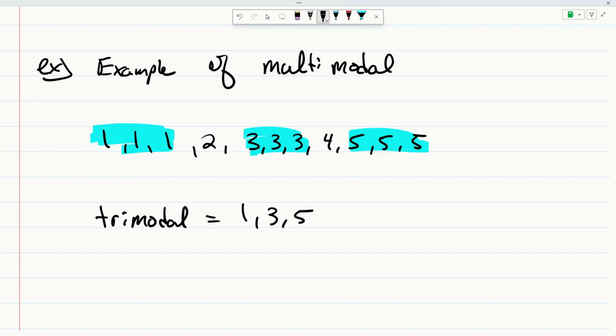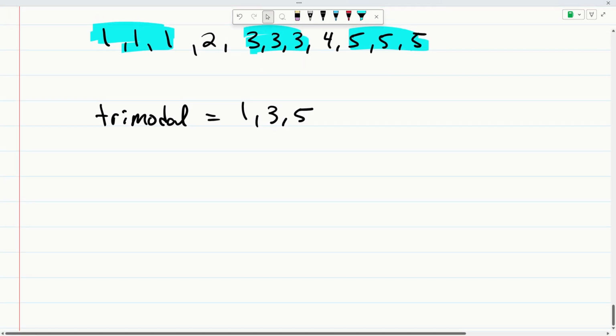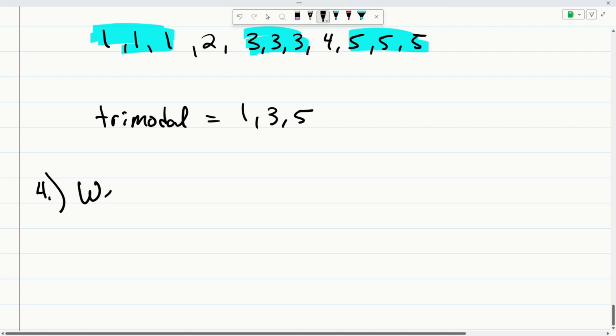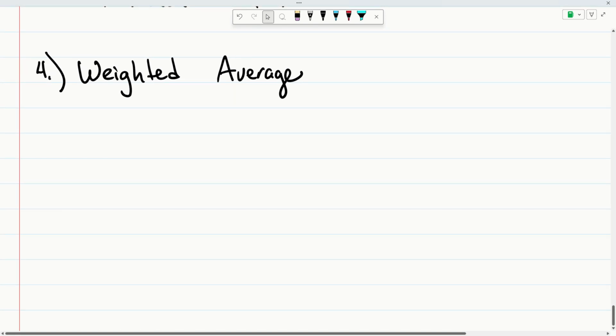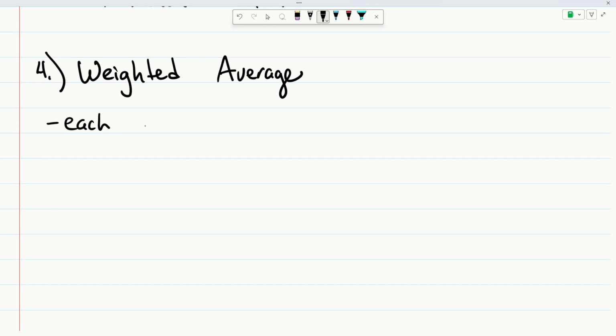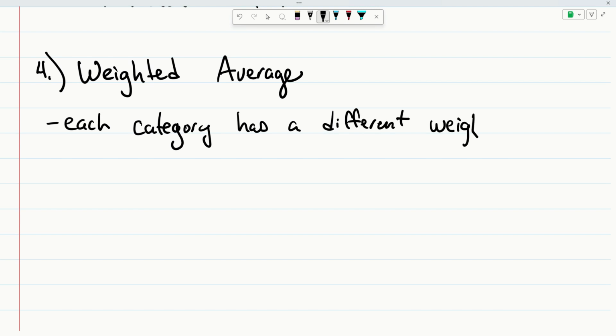All right. The next thing we're going to go over is basically how we do your grades. Weighted averages. Now, with weighted averages, each category has a different weight or value assigned to it.